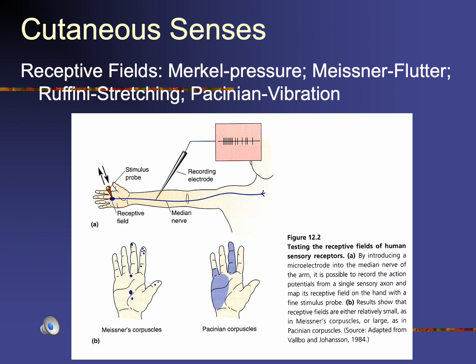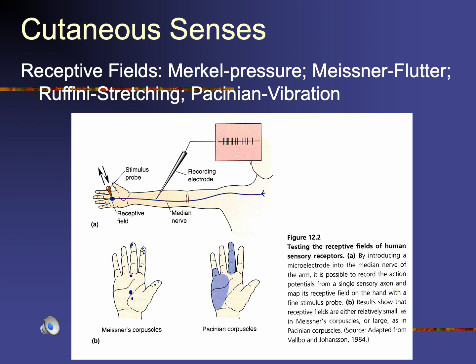And what they discovered was that in here you see very clearly the Meissner's corpuscles have these very, very small receptive fields, which you see there in blue. The Pacinians have a much larger receptive area. Now the Meissner's corpuscles are going to be trying to detect the location of a stimulus in a very sensitive way.